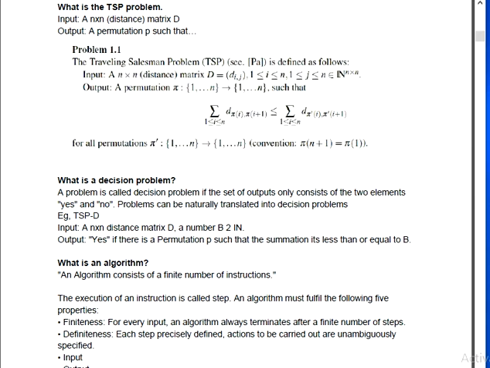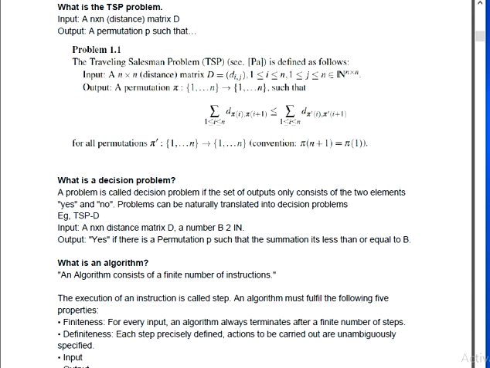So the output will be a permutation. Permutation means a sequence of cities, where cities 1 to n map to 1 to n, such that the sum of distances of this permutation is smaller than or equal to the sum of distances of any other permutation of the cities.